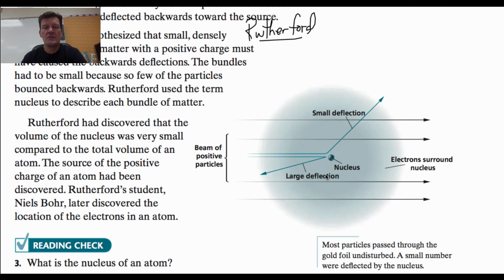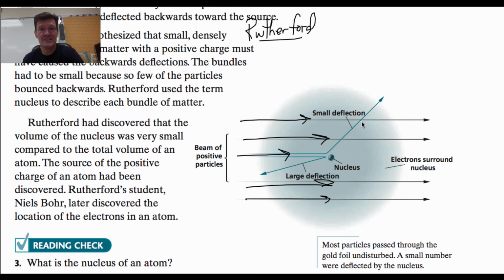If you zoom in, this is basically what's happening. Here are the radioactive particles, and most of them pass straight through, because the atom, believe it or not, is mostly space. That's amazing. Only a small part of the atom is dense matter called the nucleus.